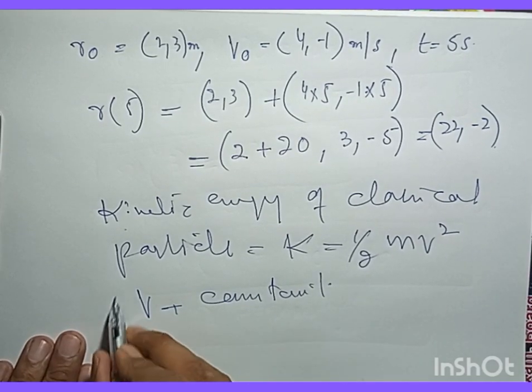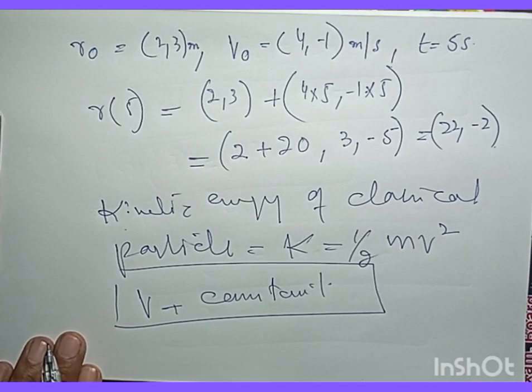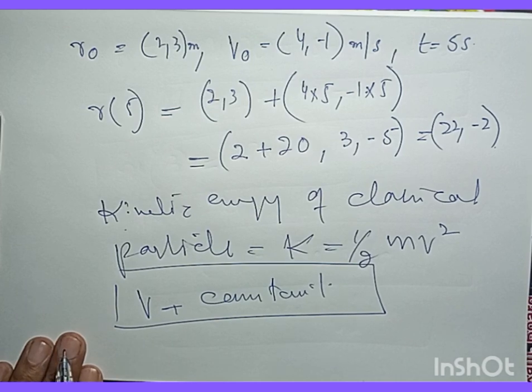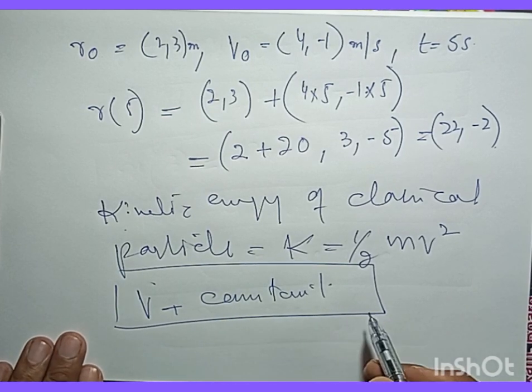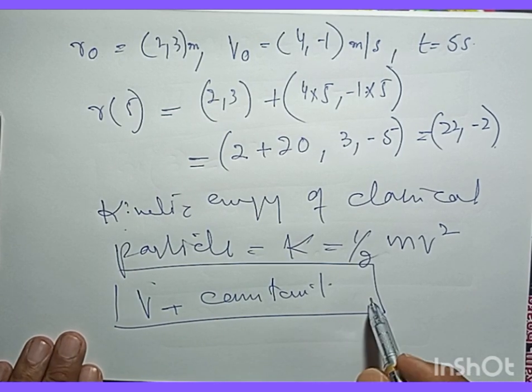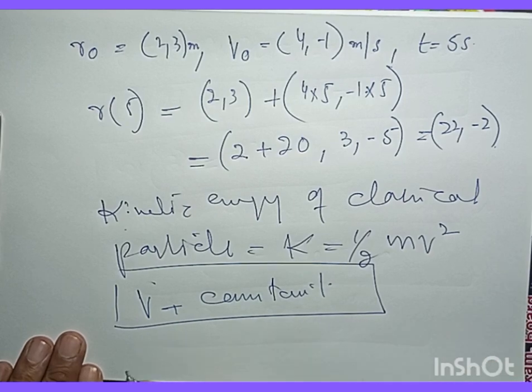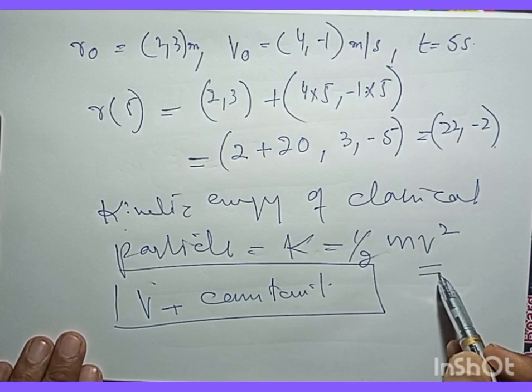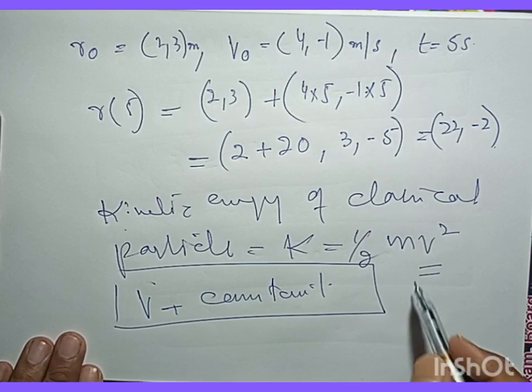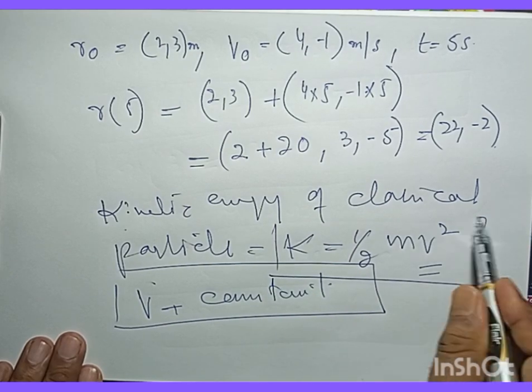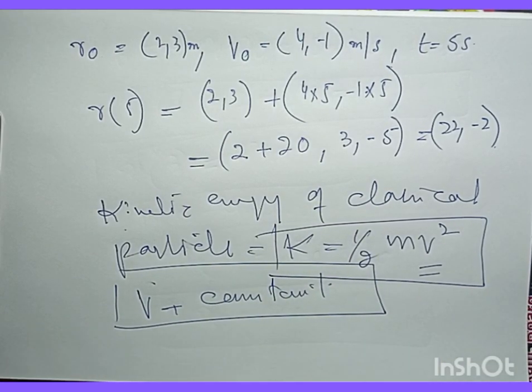V is constant because we are talking about the free particle, and no force is acting on it. When no force is acting, its acceleration is 0, and if its acceleration is 0, then its velocity is constant. So this k equal to one half m v squared will remain constant for this free particle classically.